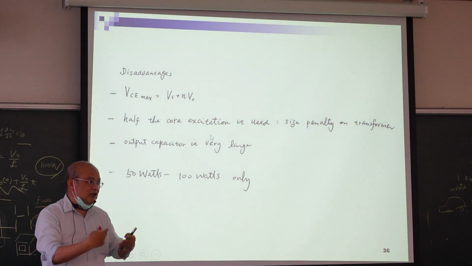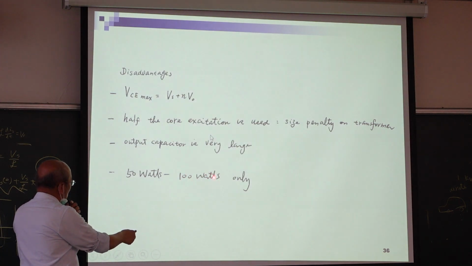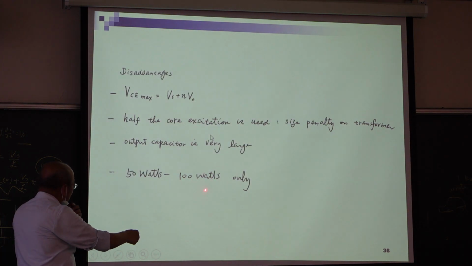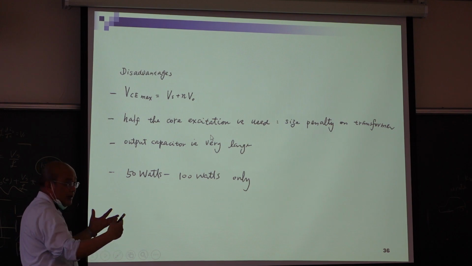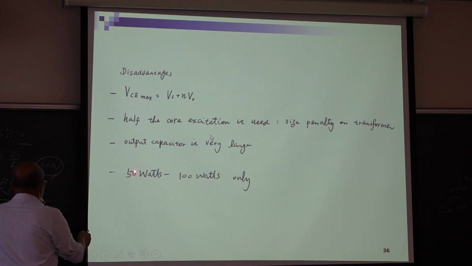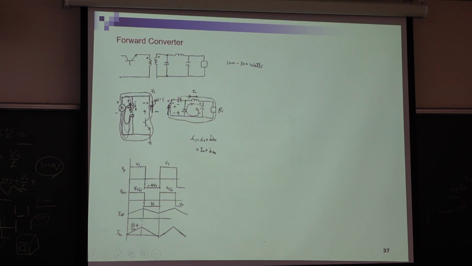So you have to derate. So maximum 100 watts. If you use this technology for a motorcycle charger, then it just burns out. It doesn't work. From 50 watts to 100 watts, maybe you can charge your cell phone, but not your motorcycle charger. So we call this the flyback converter.